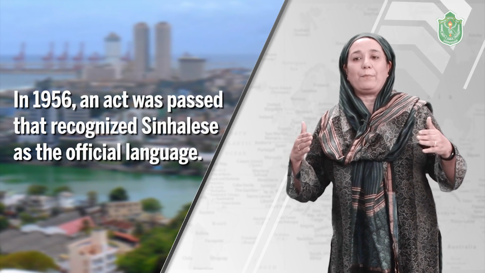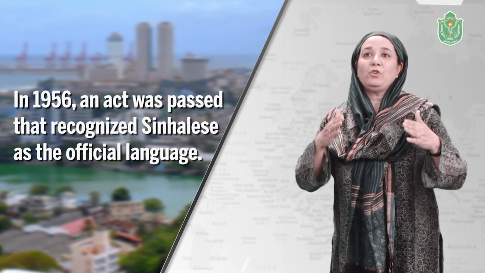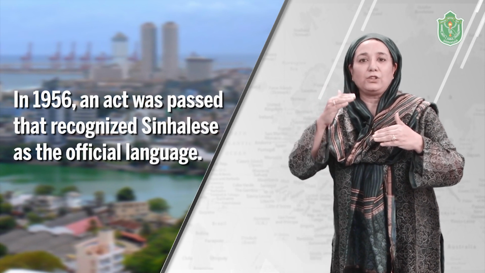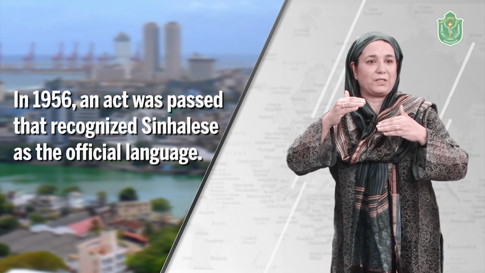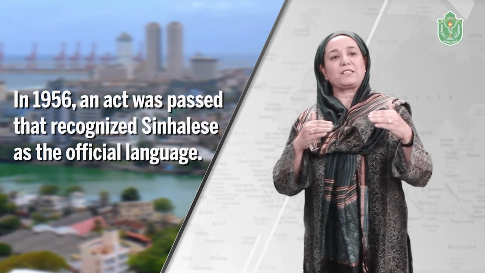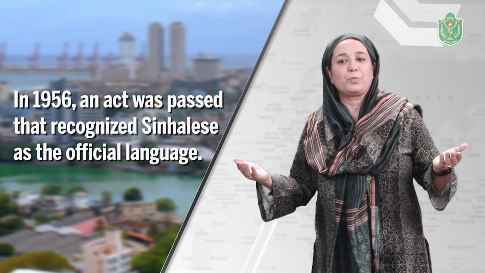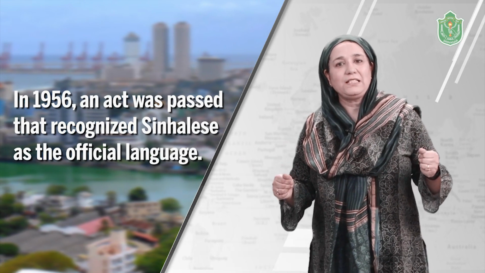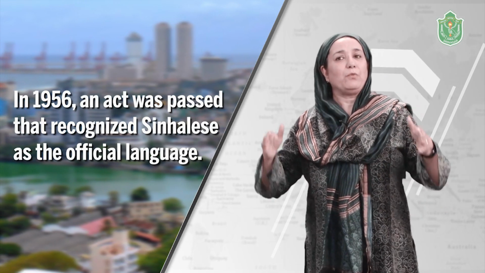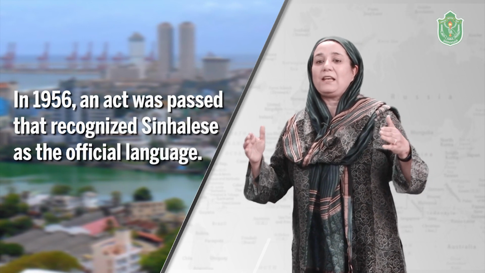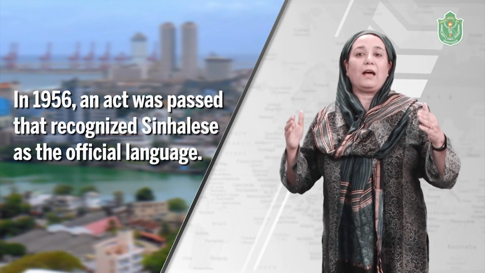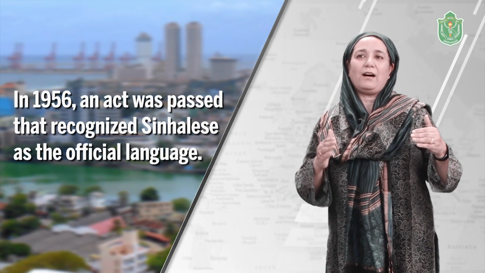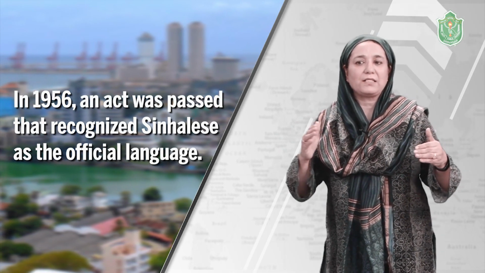So what happens? The democratically elected government adopts a series of measures which try to establish Sinhalese supremacy. An act is passed, children, in 1956, and by virtue of this act, Sinhala is recognized as the only official language, and thus they are disregarding the Tamil language.